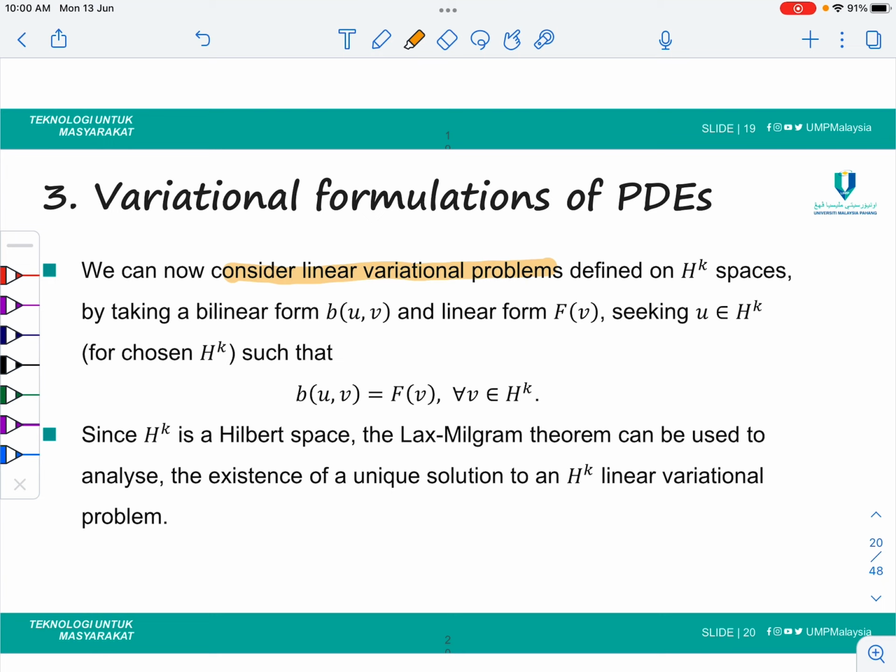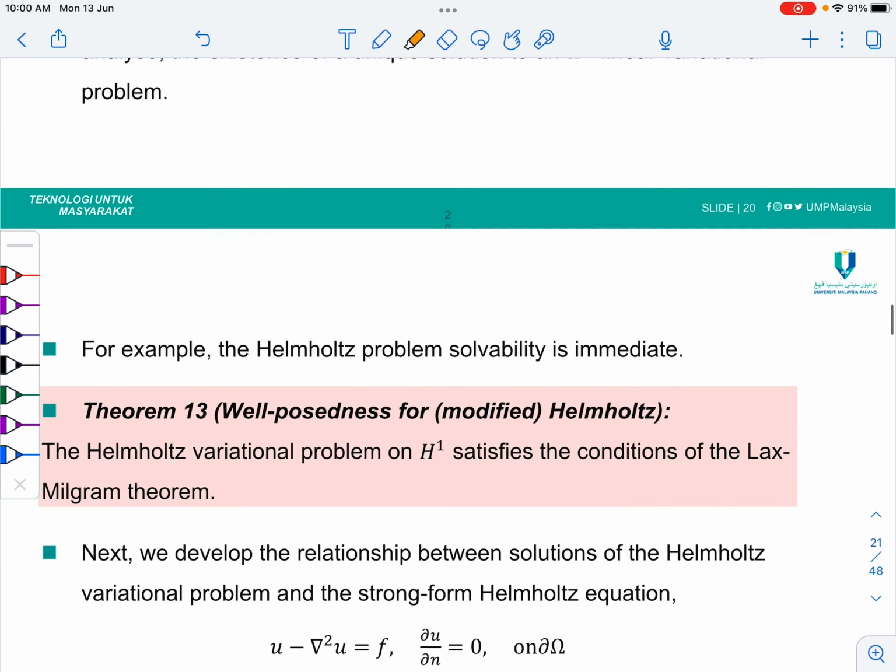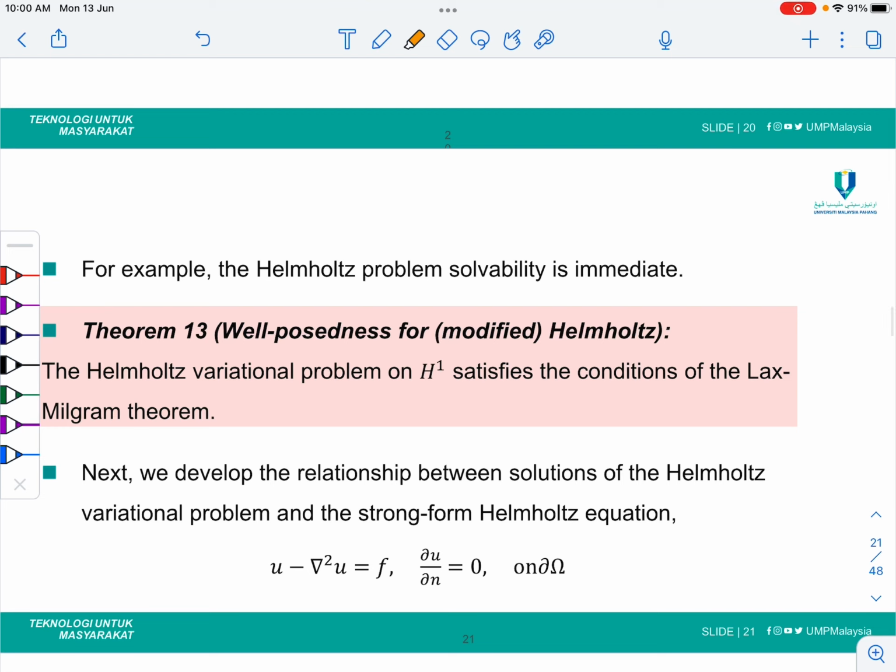Since H^k is a Hilbert space, the Lax-Milgram theorem can be used to analyze the existence of a unique solution to an H^k linear variational problem. For example, the Helmholtz problem. This is the Helmholtz equation. The Helmholtz problem solvability is immediate.